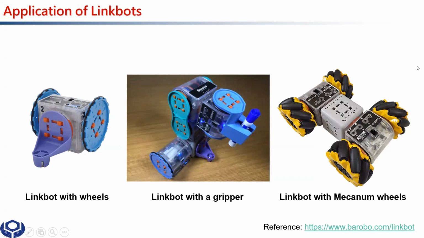We may have to control the joints here and probably joints over here. If we want this LinkBot to grab or grip the pen like this, we need to control each joint, not only one single link. Each joint over here, there, and probably at the bottom. So here we need to write a little complicated program to control each joint in order to grab a pen.